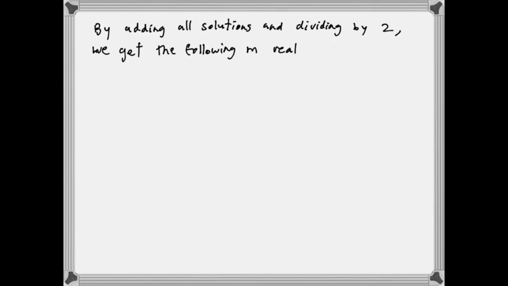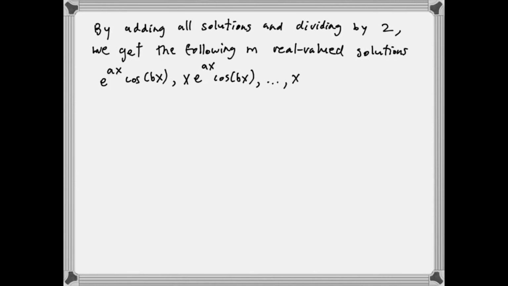M real valued solutions. We get e to the ax cosine bx, x e to the ax cosine of bx, all the way to x to the m minus 1 e to the ax cosine of bx.